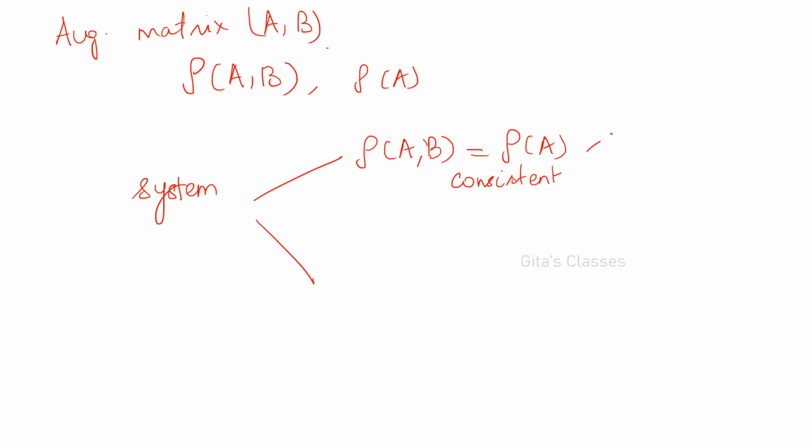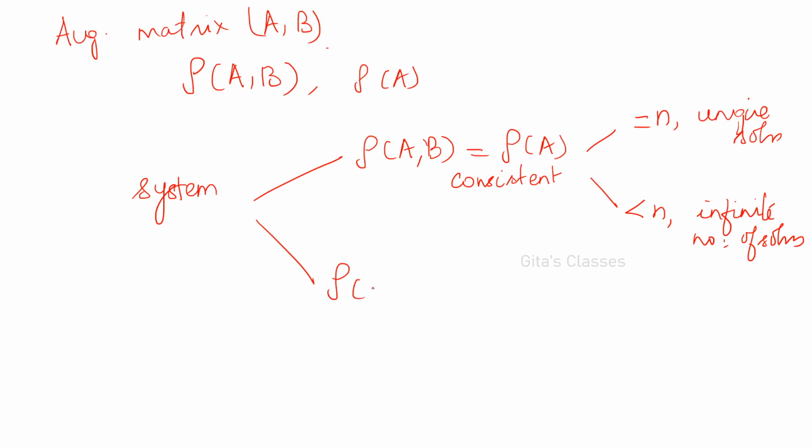In this we have two conditions. Equal to n means unique solution. Unique solution means only one set of solution you have, and strictly less than n, infinite number of solutions. Remember this. Suppose they are not equal, rank of A comma B not equal to rank of A, then inconsistent.